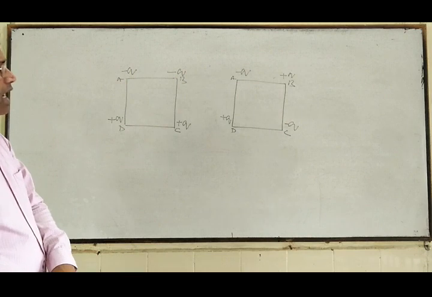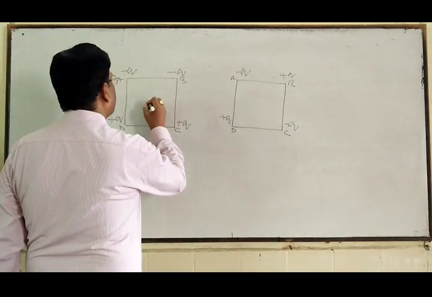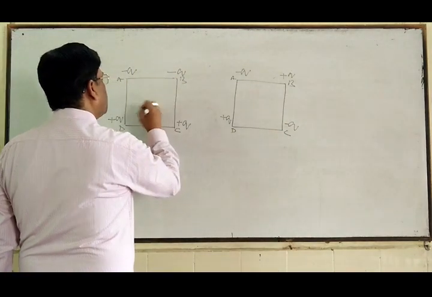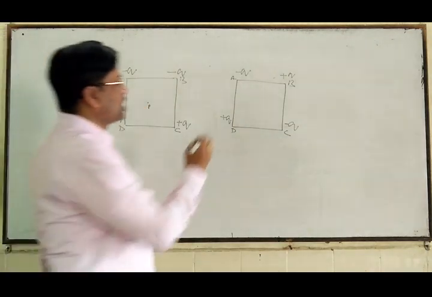You have to find the potential at point P in the center of the square, for both the squares.